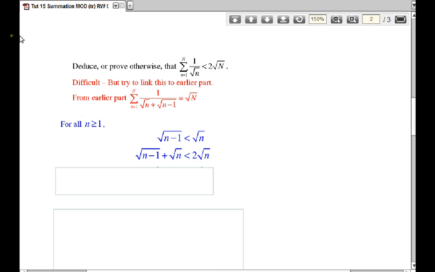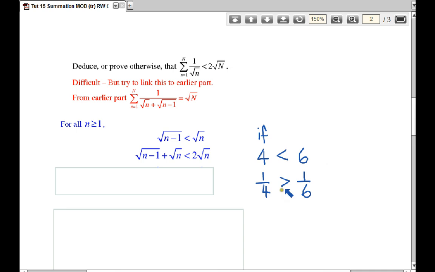So just take as an example, if 4 is smaller than 6, can I say 1/4 is greater than 1 over 6, provided 4 is a positive number greater than 1 and 6 is a positive number greater than 1?